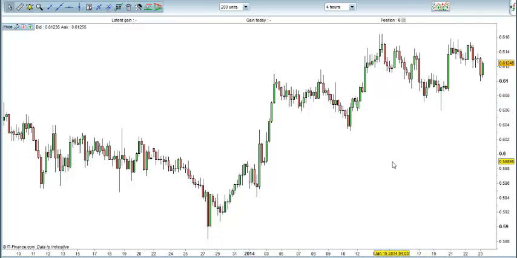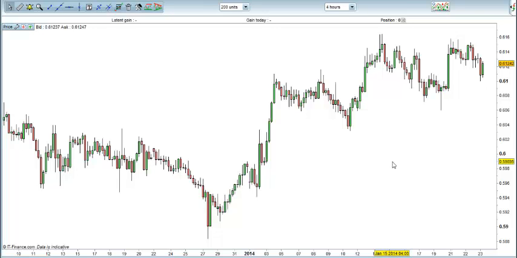Now when we're looking at the higher time frames, this is a 4 hour, we're obviously looking for areas where the market may pull back, e.g. support resistance areas. In this circumstance, for an uptrend, we're looking for a pullback down to support.